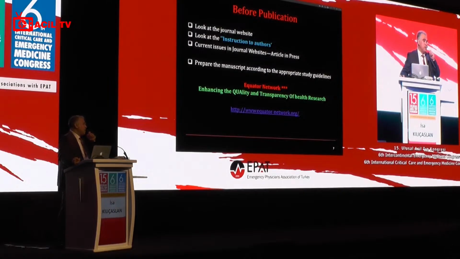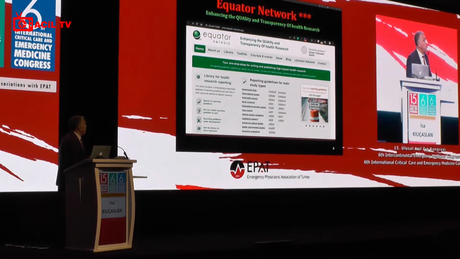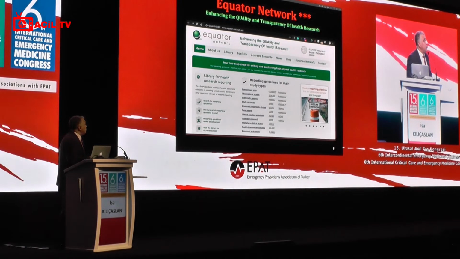For this, I would like to give a very important website, the EQUATOR Network. It stands for enhancing the quality and transparency of health research. As you see here, through these website links, you can easily reach the EQUATOR Network. It's very important for how to write your journal papers. As you see in the EQUATOR Network, there are some links over here.